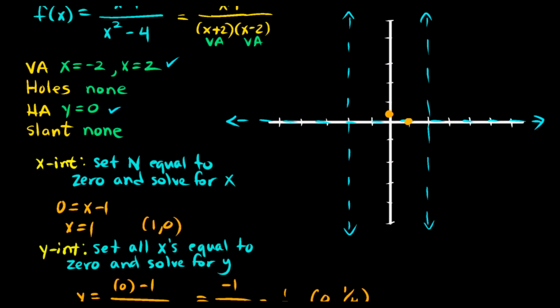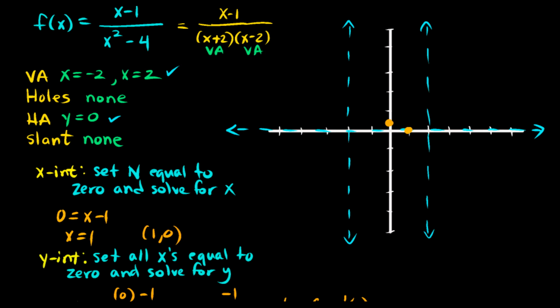Okay, so the next step for this problem is looking at where there are critical events that occur on the x-axis. If I'm looking at any vertical or slant asymptotes that cross through it, or any x-intercepts, something happens here at negative 2. It's a vertical asymptote. Something happens here at 1. There's an x-intercept. And something happens here at 2.